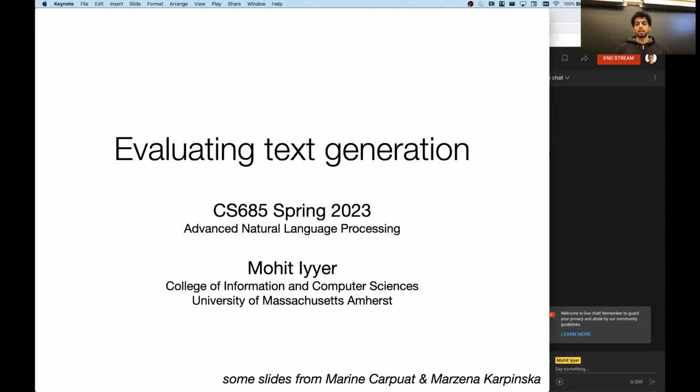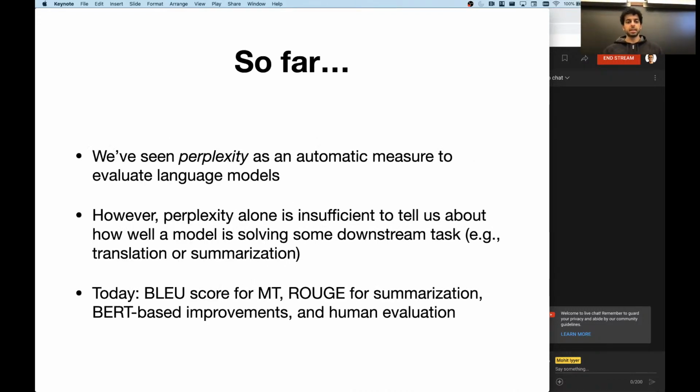All right, great. So let's proceed with our topic for the day, which is evaluation. This is another topic that we've kind of punted till now. We've just talked about perplexity as the only evaluation metric for a language model. But perplexity is not a task-specific measure, right? It tells you generally how good the language model is at measuring the probability of some held out data set.